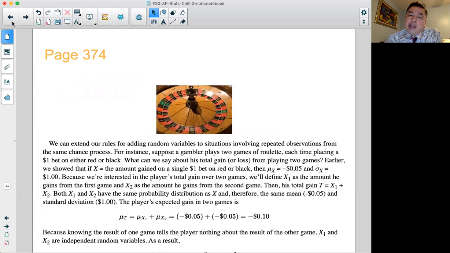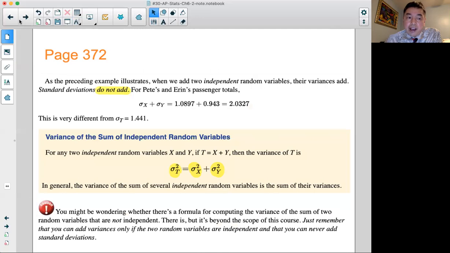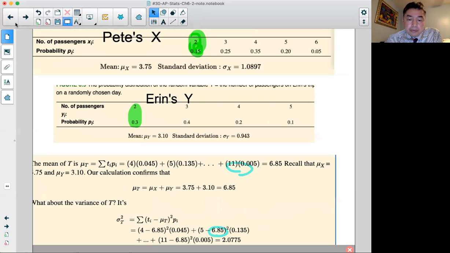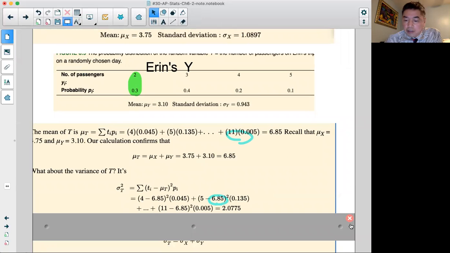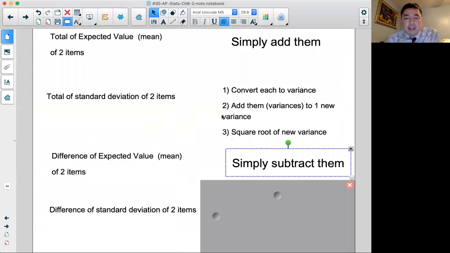Is that something familiar to you? What did we do when we added? Just remember the 1.44 standard deviation. Look, when we add the totals, the standard deviation is the same as for the difference. So flashcard number 4, the standard deviation of two items: do the same thing.